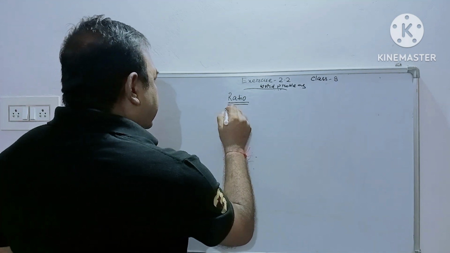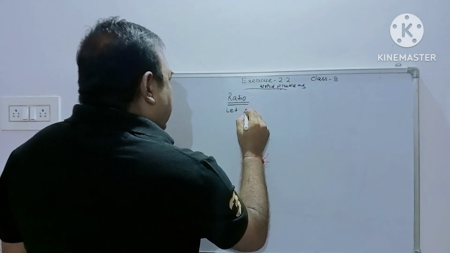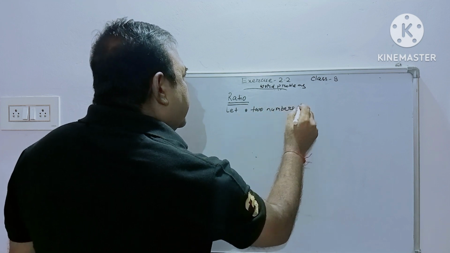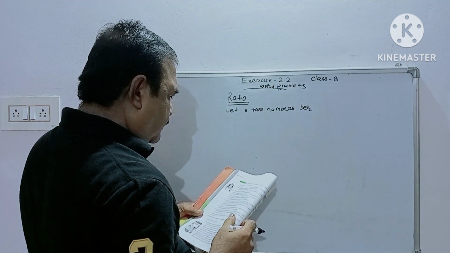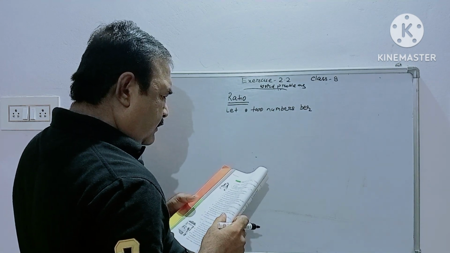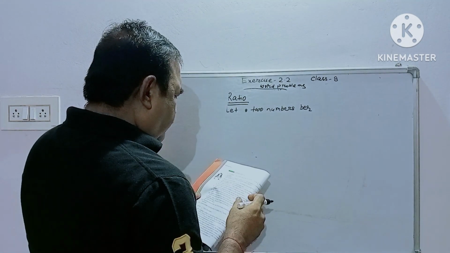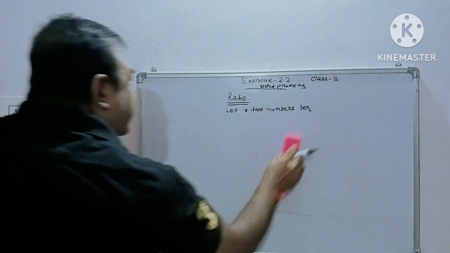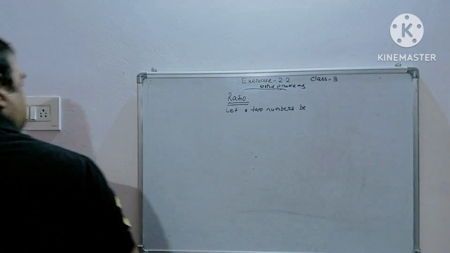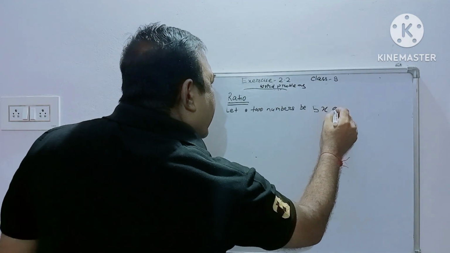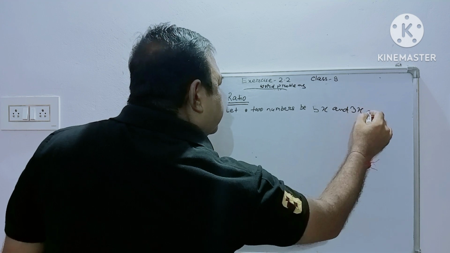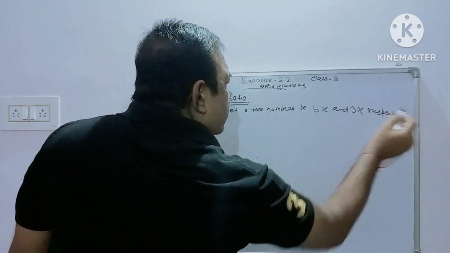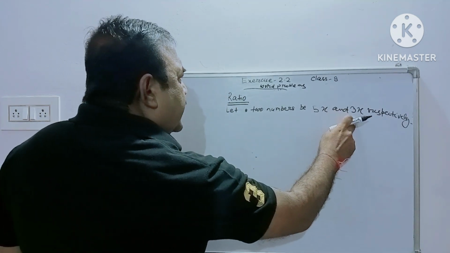So if they are in the ratio 5 is to 3, let the two numbers be 5x and 3x respectively.